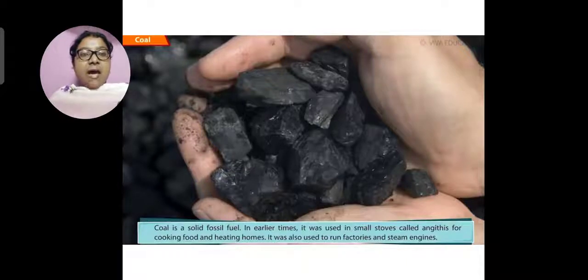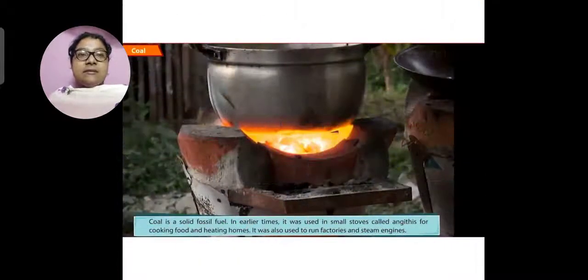In earlier days it was used in small stoves called angithis for cooking or preparing food, and to provide heat to homes. It was also used to run factories and steam engines, to move trains by using steam.